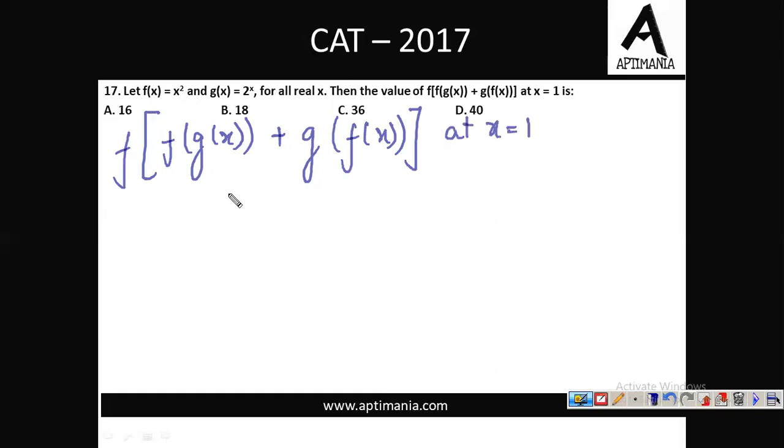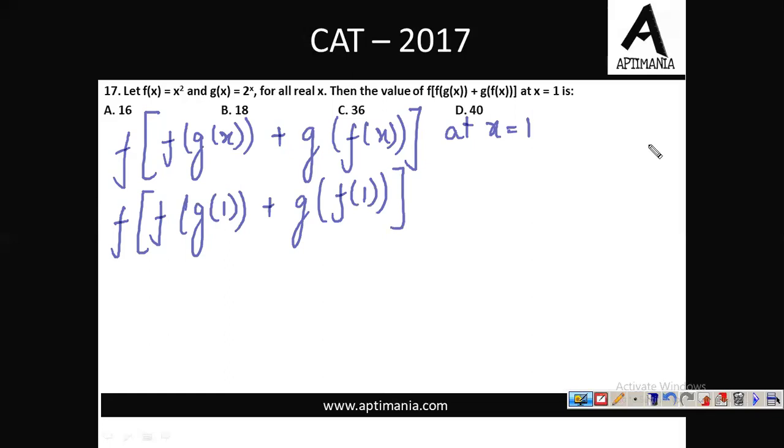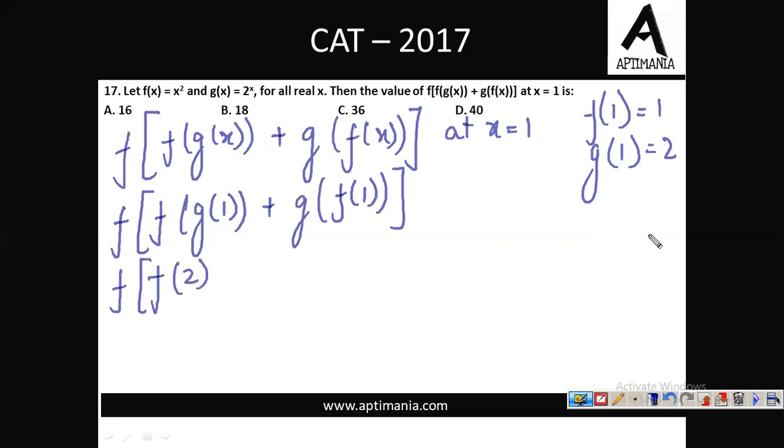So what we need to find is f of g(1) plus g of f(1). Now putting the values, f(1) should be equal to 1 square, that is 1, and g(1) should be equal to 2 raised to the power 1, that is 2. So putting the values, we'll have f of 2 plus g of 1.